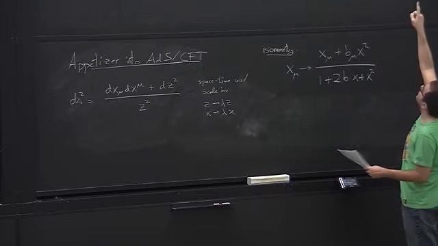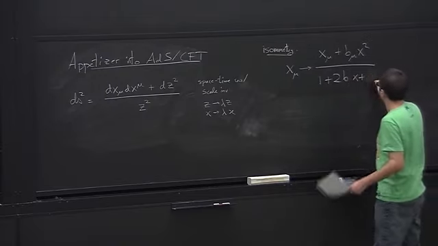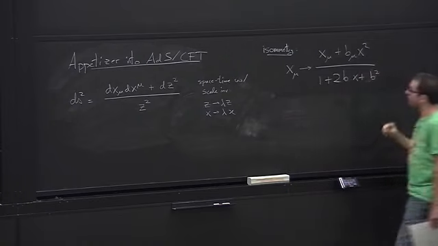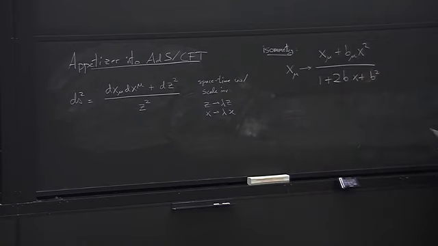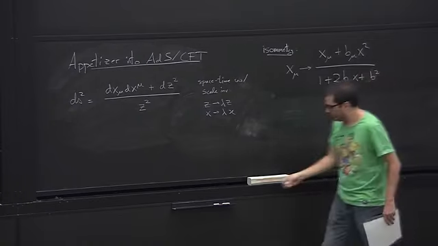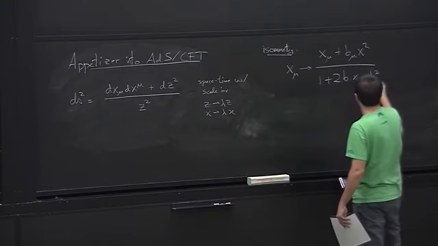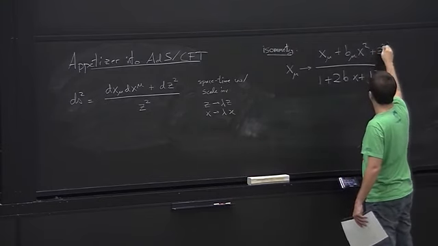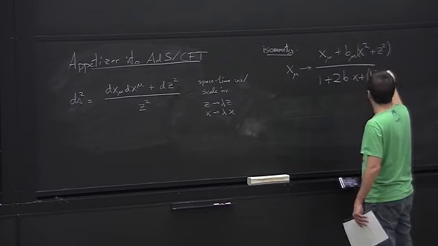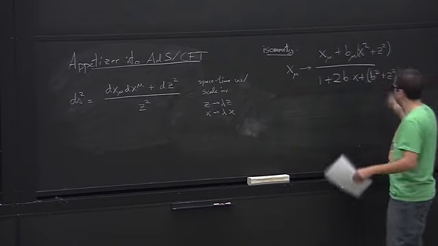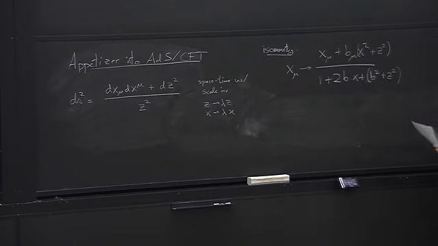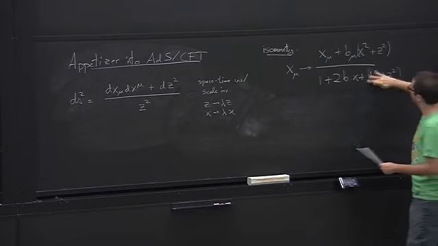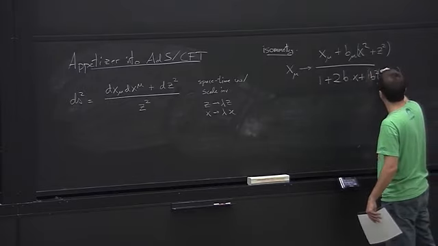All we do in the spacetime for this to be an isometry is we add plus z squared.